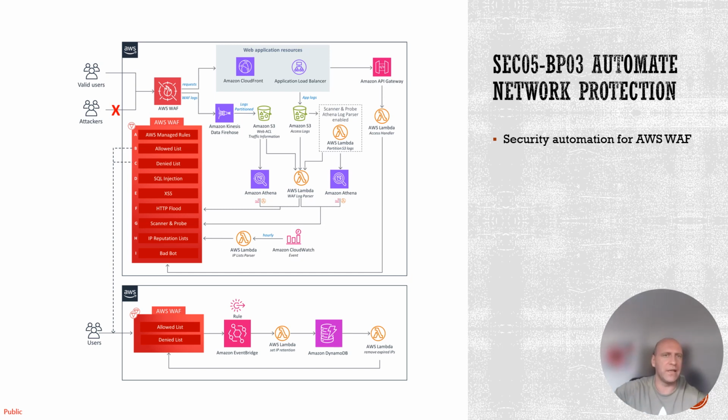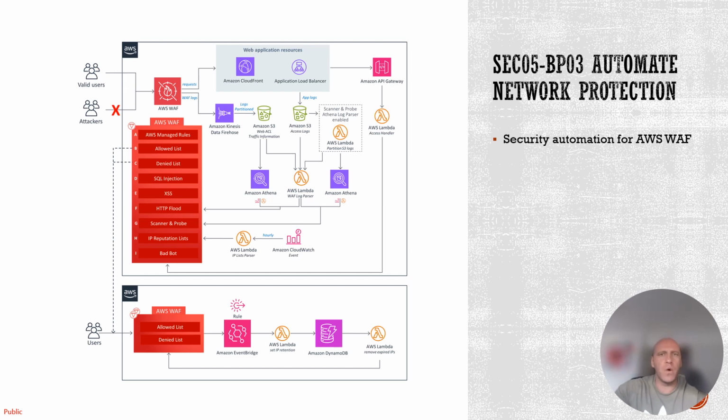Now, if we move down the line, we can see the next part, which allows us to detect the HTTP flood. This component helps you protect against attacks that consist of a large number of requests from a particular IP address, such as web layer distributed denial of service attacks or brute force login attempts.